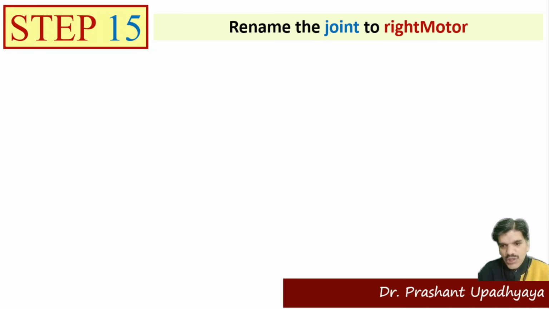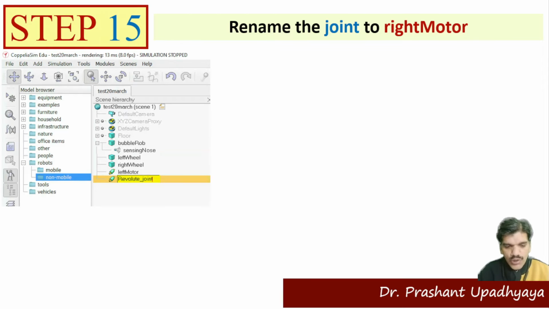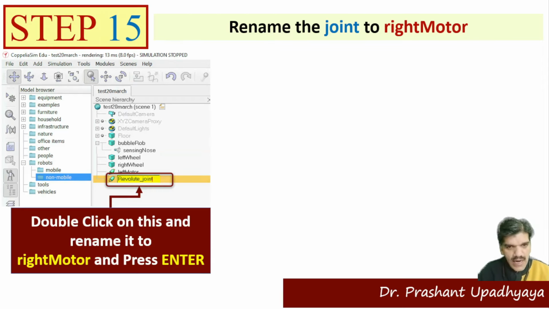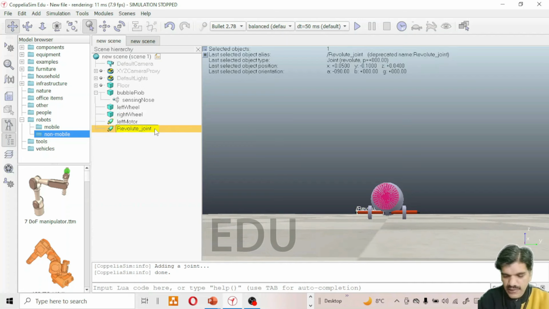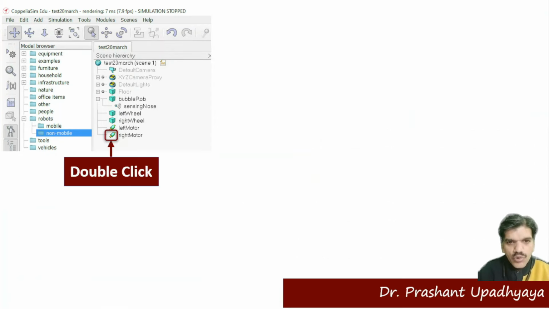We will rename the joint to right motor. Double click and enter the name as right motor and press enter. Now again we have to do the same thing.